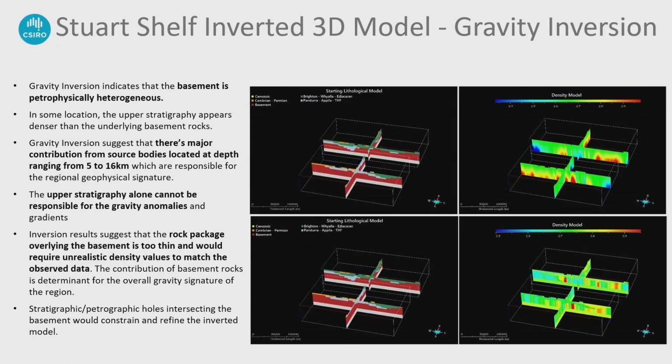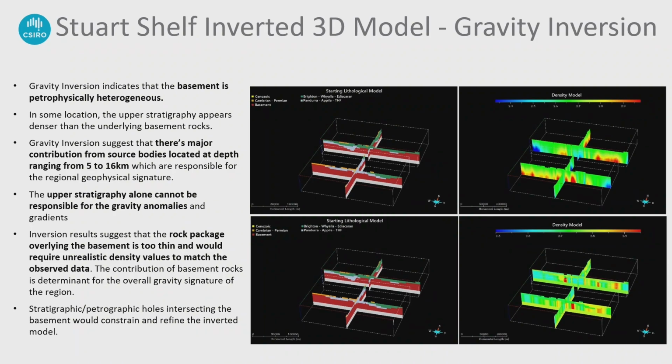And then I've included the lithological information. Maybe I don't know if you can tell, but this actually is an inversion with lithological boundaries. I tried different configurations of the starting densities, and all the inversion results converge towards these results, which says that the basement is heterogeneous, first of all.